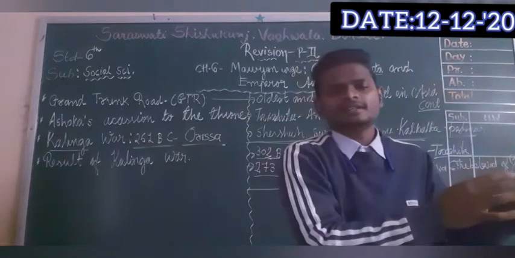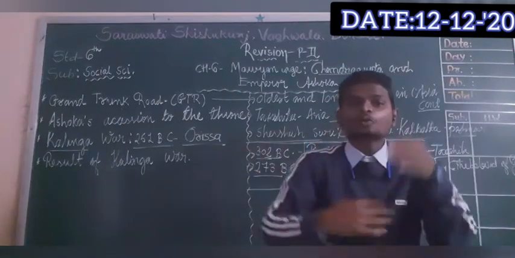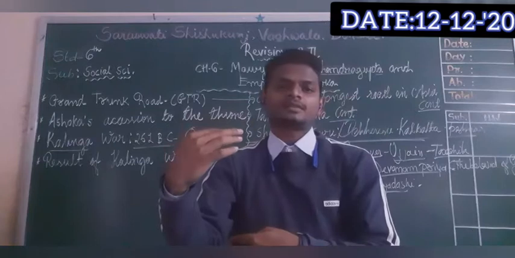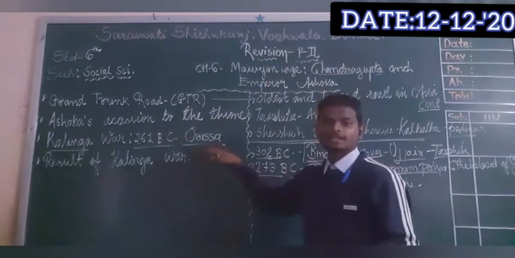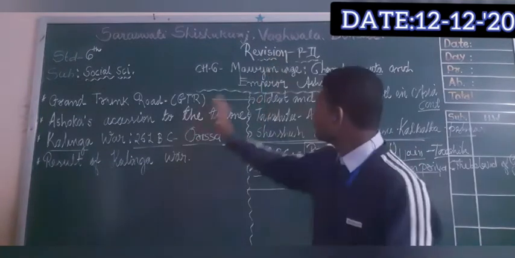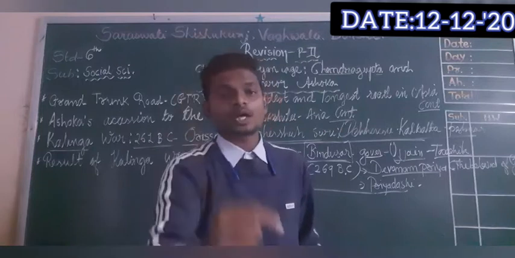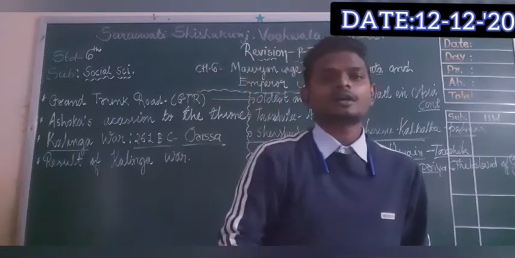So the people of Kalinga could not overcome the army, and that's why they surrendered to the Mauryan army, the army of King Ashoka, the army of Emperor Ashoka.